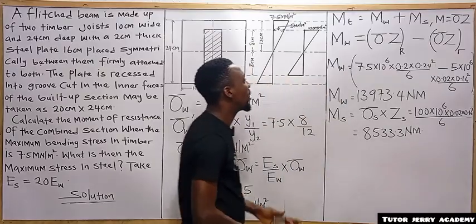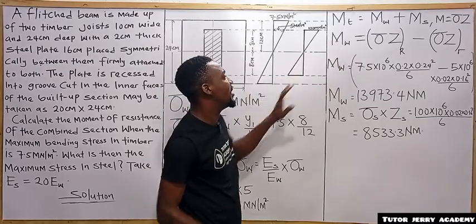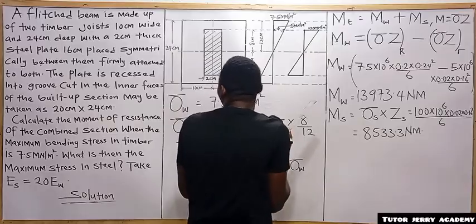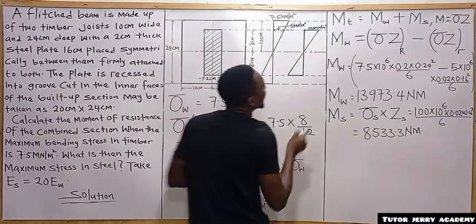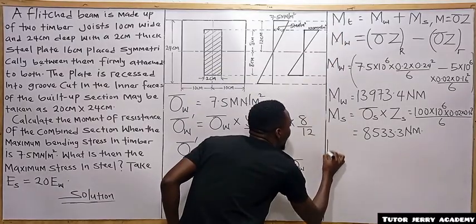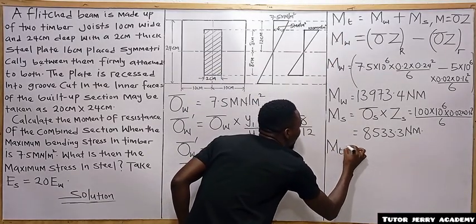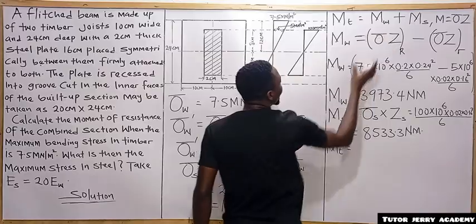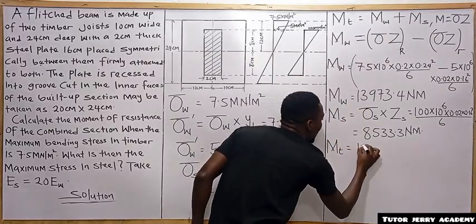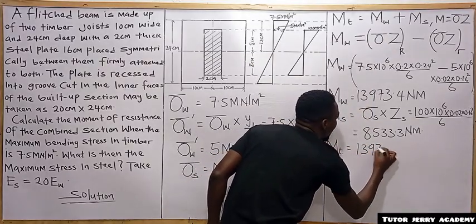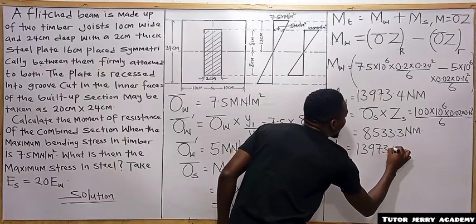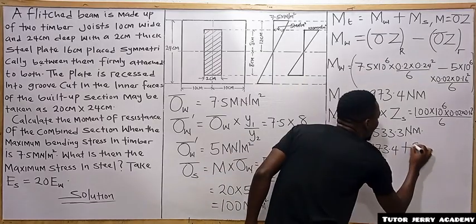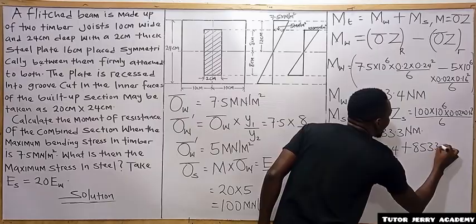All right. So now we can substitute for us to calculate the combined moment of resistance. So now if we substitute here, we are going to have our total moment of resistance or combined moment of resistance, which is moment of resistance of the wood, which is 13,973.4 plus the moment of resistance of the steel, which is 8,533.3.